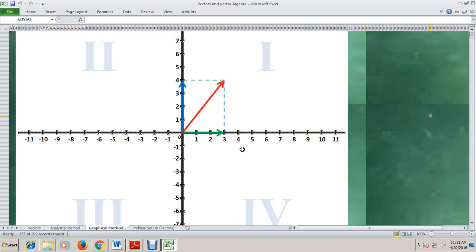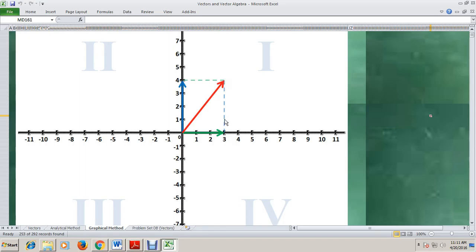Both of these values, 3 and 4, are positive since the point is obviously in the first quadrant. In terms of projected distances of this point on the x-axis and the y-axis, this distance, represented by this green arrow, is the distance along the x-axis, which is 3 units.